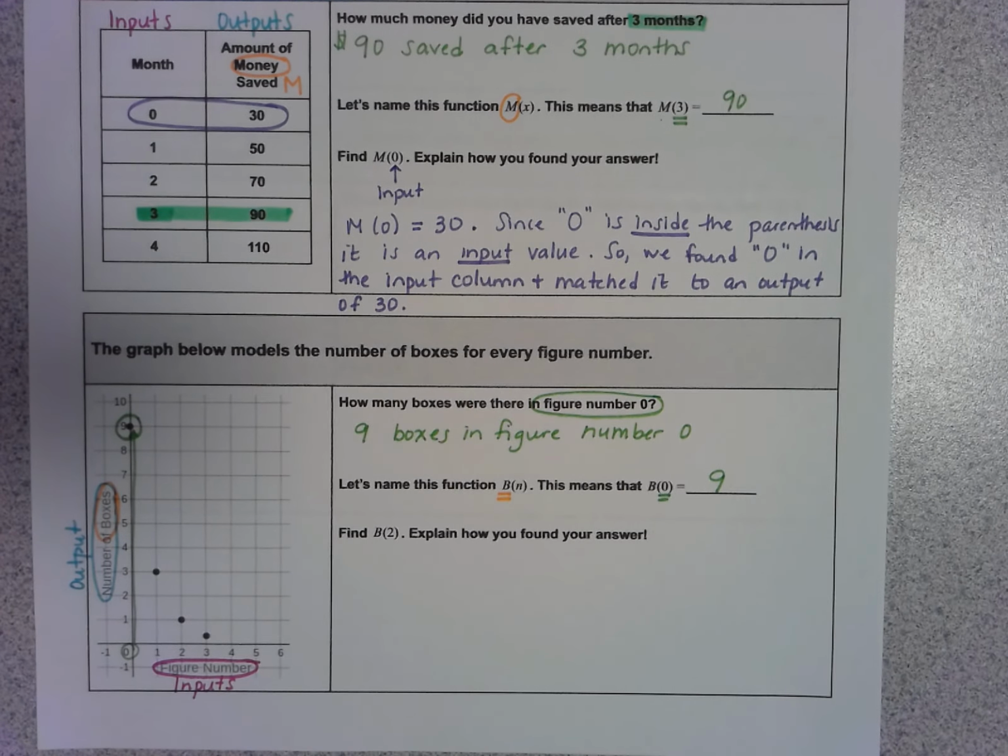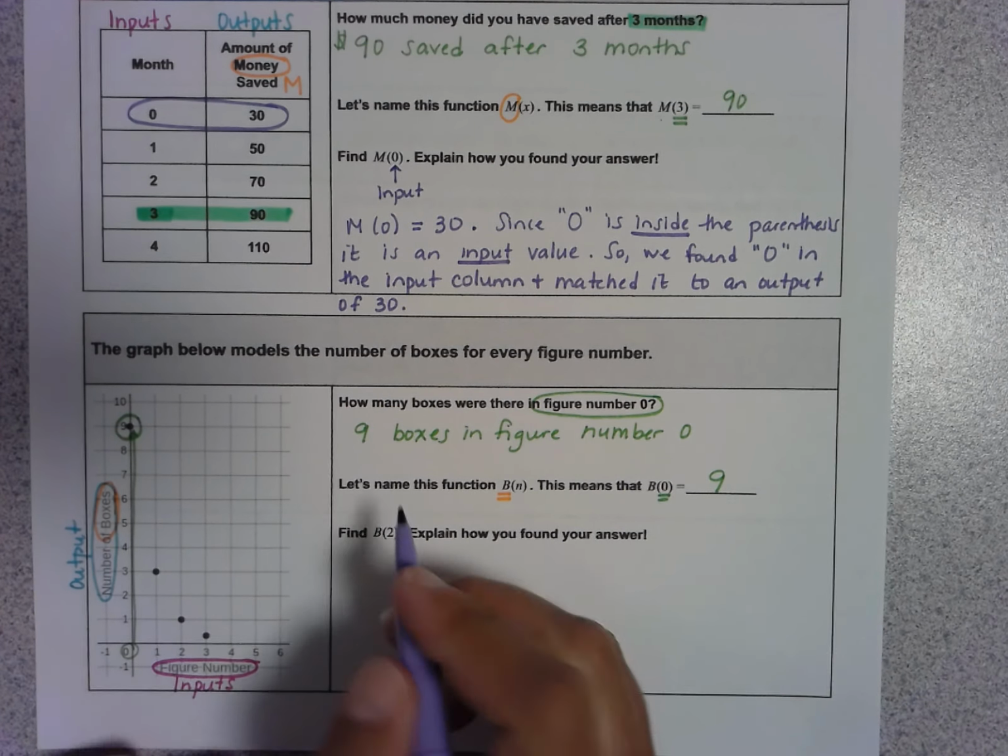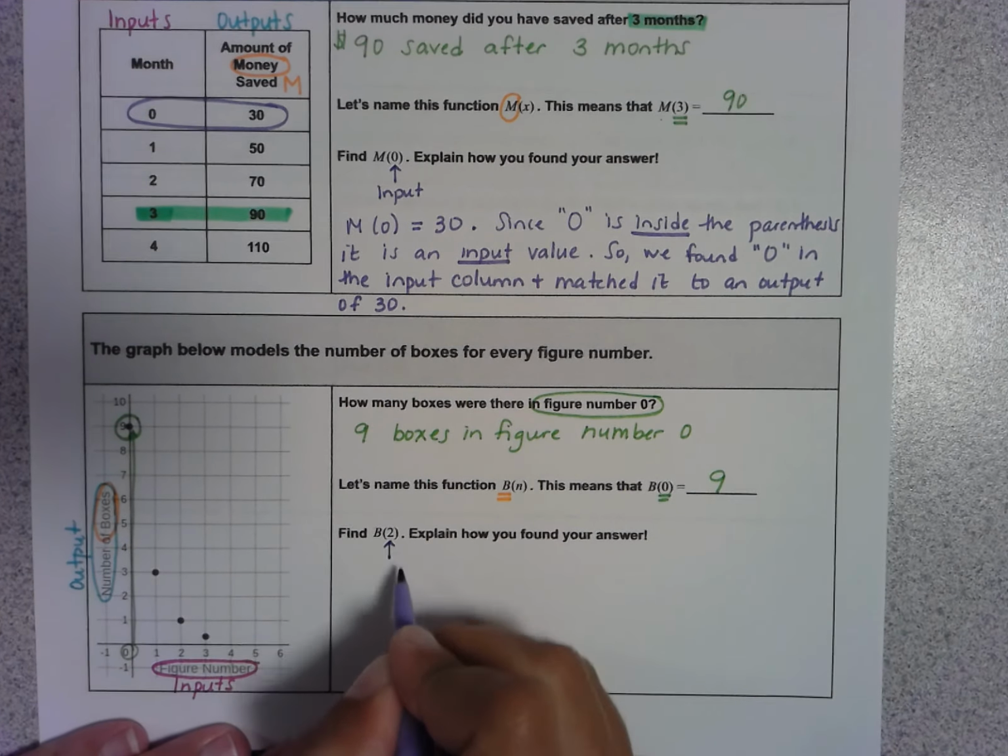Now let's suppose that I asked you to find b of 2. Reading this notation, I would see that the input should be 2, and the reason is because it's inside of the parentheses. So on the x-axis, I would find the number 2, and I would match it up to the point on the graph, which has an output of 1. So I would say that the answer would be b of 2 equals 1.